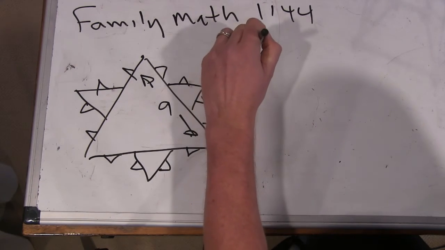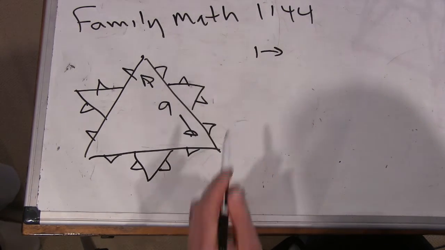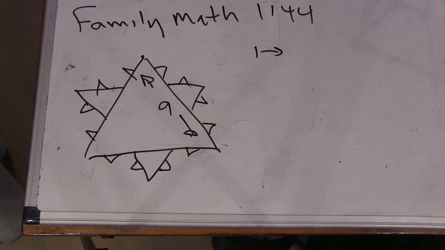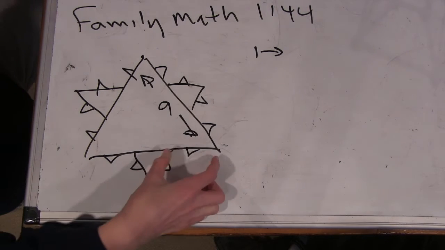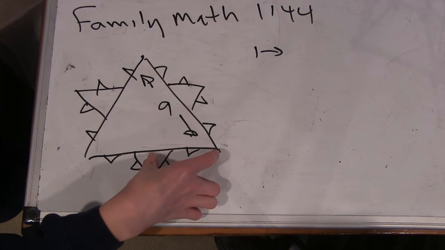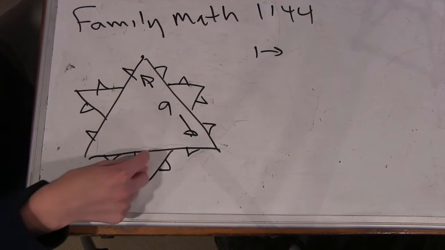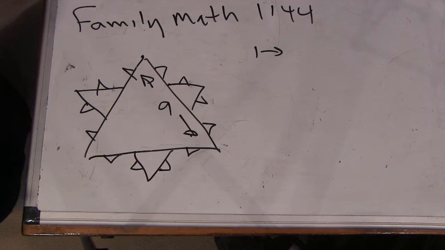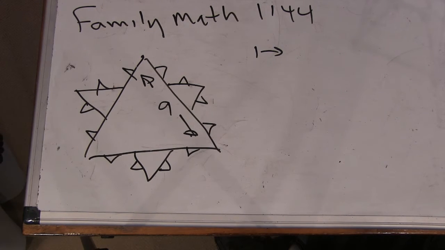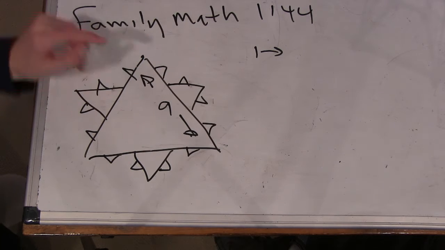So step 1, with just the equilateral triangle with side length 9, what is the area? Well, so you have 4.5 times 4.5 root 3, or 9 times 4.5 root 3.